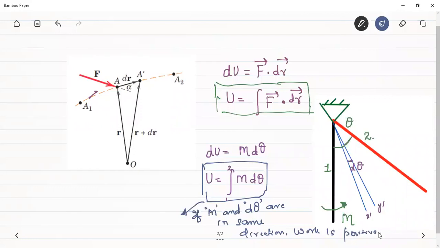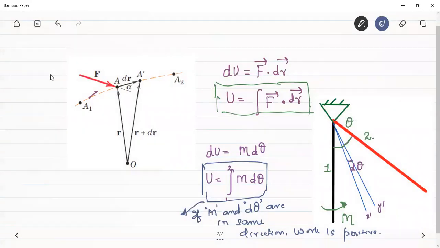If m and d theta are in the same direction, that is, the angular displacement is taking place in the sense of the applied moment, then this work will be treated as positive. And if they are in the opposite direction, then this work will be treated as negative.